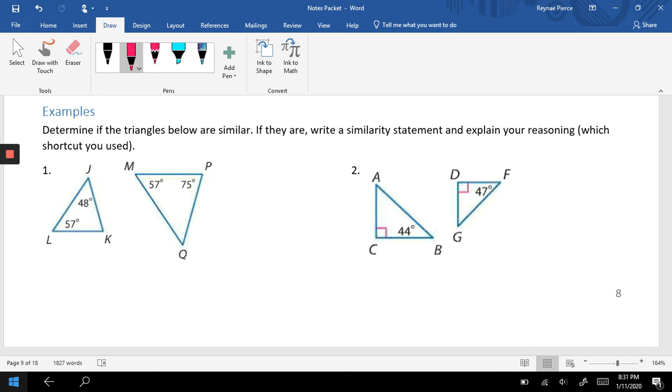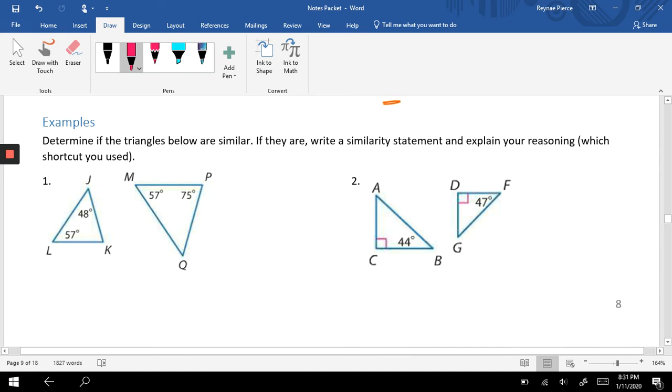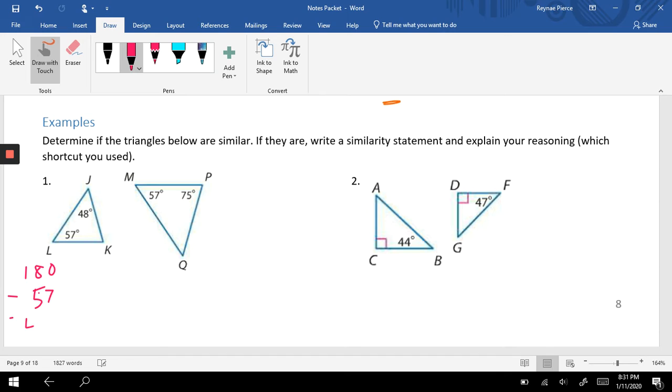So this first one, I see I've got a 57-degree angle and a 48-degree angle. Okay, so if you'll remember, triangles have 180 degrees on their interiors. So 180 minus 57 minus 48 tells me that angle K is 75 degrees. But in the second triangle, I've got a 75-degree angle and a 57-degree angle.